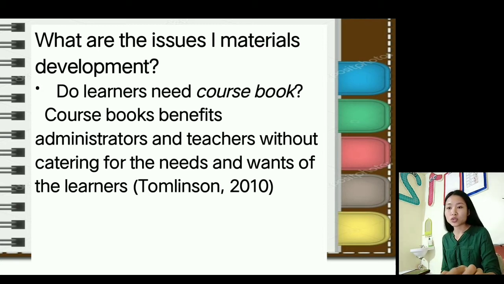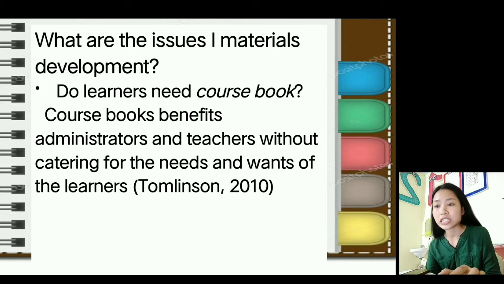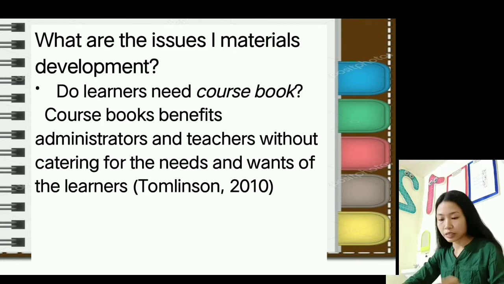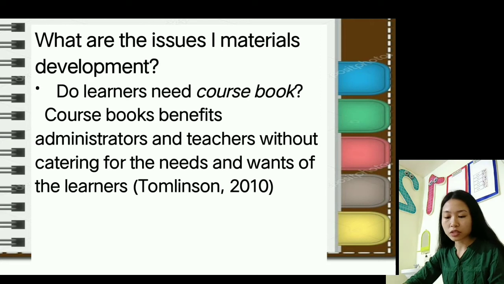First is, do learners need a course book? Course books benefit administrators and teachers without catering for the needs and wants of the learners. In the 80s, Allwright in 1981 put forward arguments against the ways in which textbooks deliver materials, and O'Neill responded with a defense of the course book.